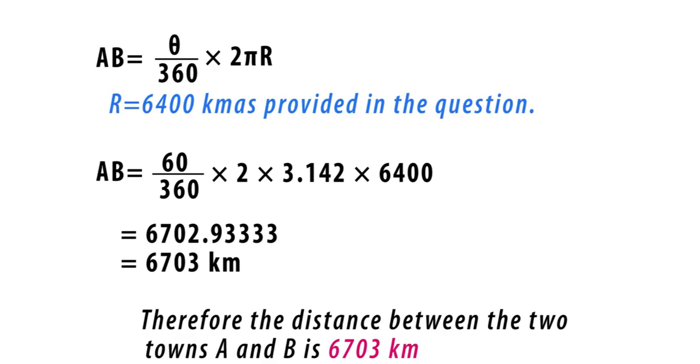If you use your calculator, you get 6,702.9333. If you approximate to the nearest whole number, the distance between A and B is 6,703 kilometers.